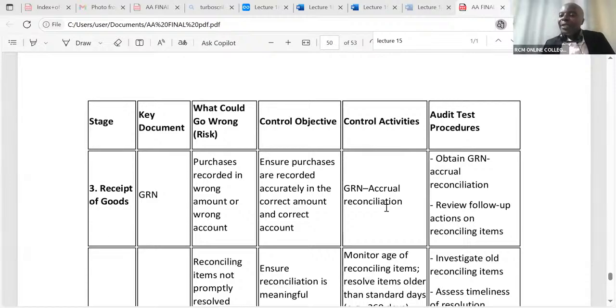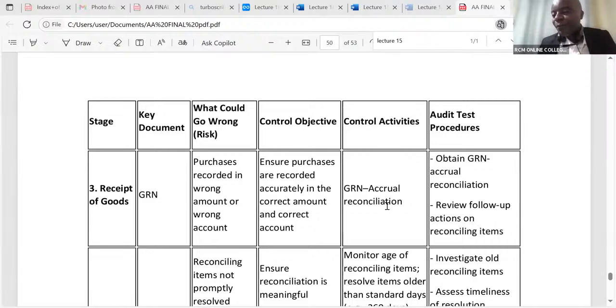That is why the very best control activity to mitigate these issues is to ensure that you are casting. That is the right term we use. You cast the figures in the GRN and trace them to the accruals account. So do a GRN and accruals reconciliation. That by itself is a control which will ensure that we don't have misstatements in our financial statements.